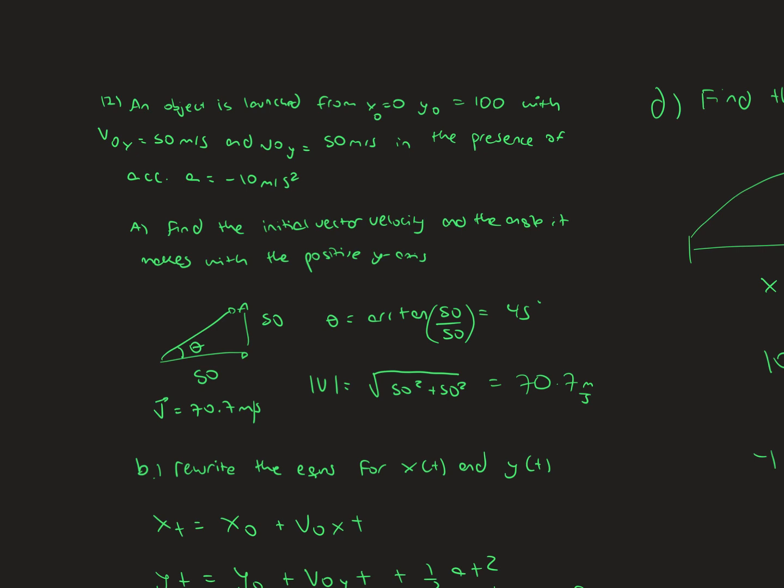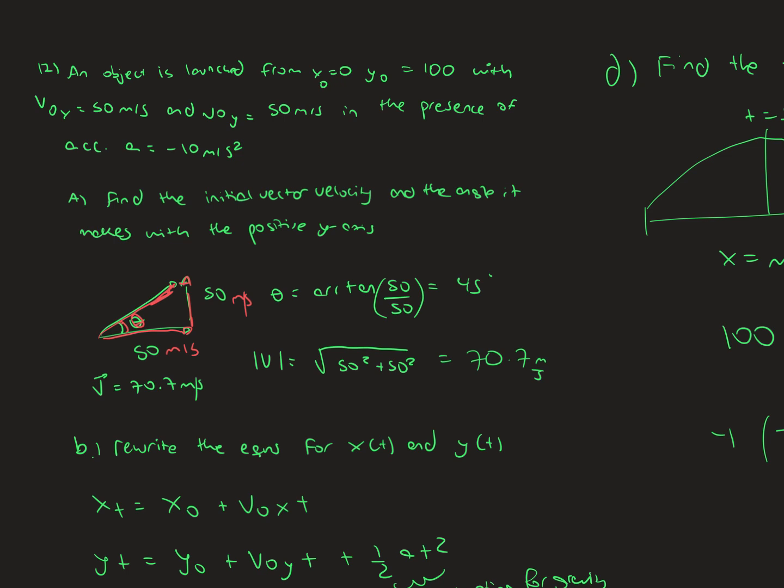So, this is what I drew. The y direction and the x direction, both equal to 50 meters per second. And right here, we have the triangle, and we have the angle theta.